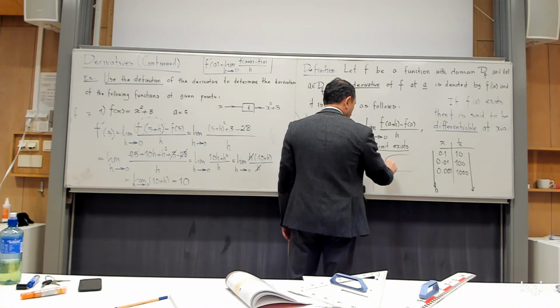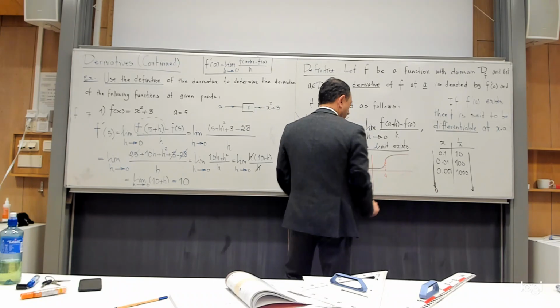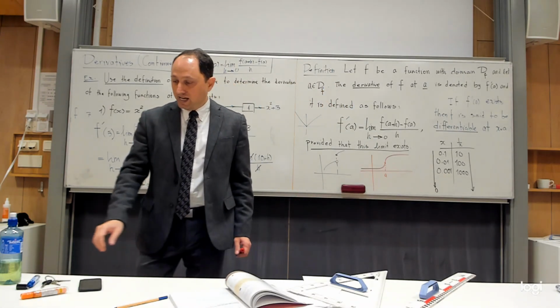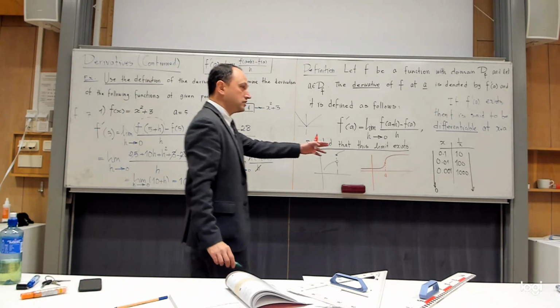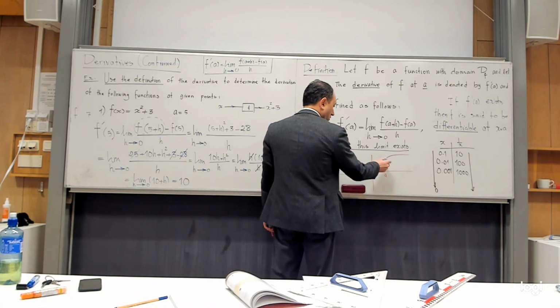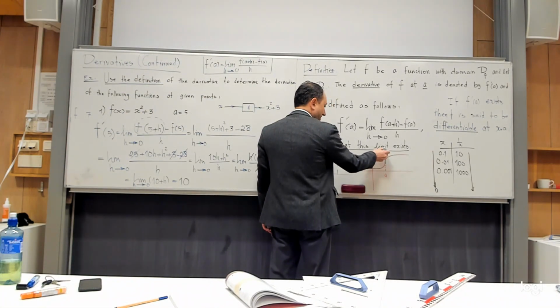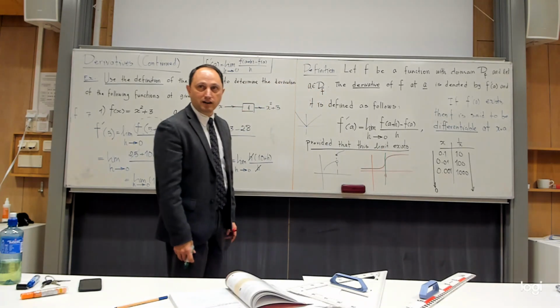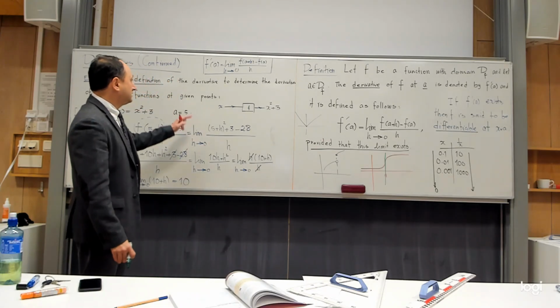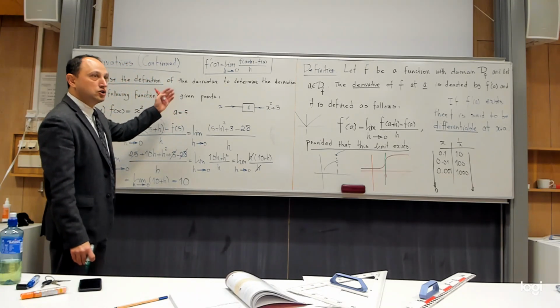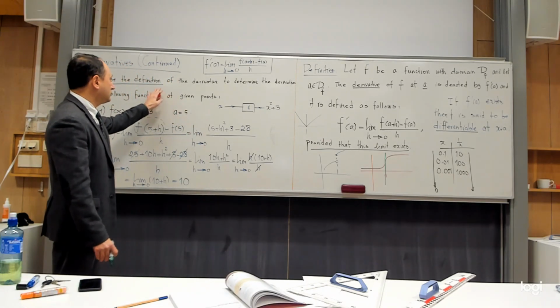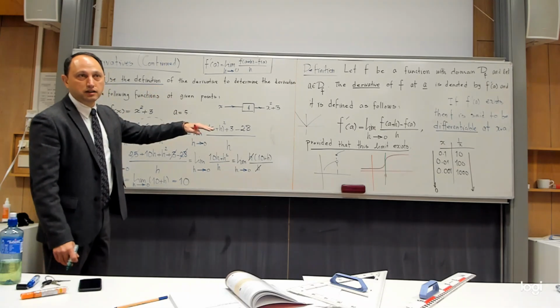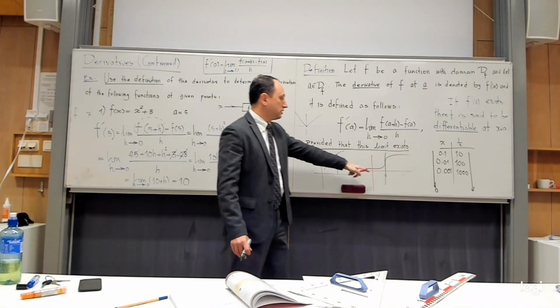Assume that this point is A. If I ask you to draw the tangent line to this graph at point A, I hope you agree with me that this green line is tangent to this graph. But the derivative is the slope of the tangent line. What is the slope of this tangent line?